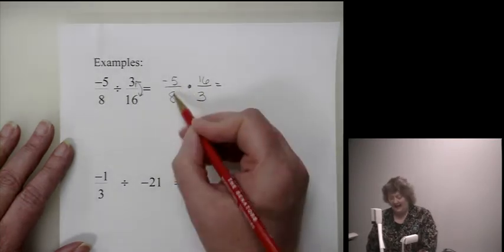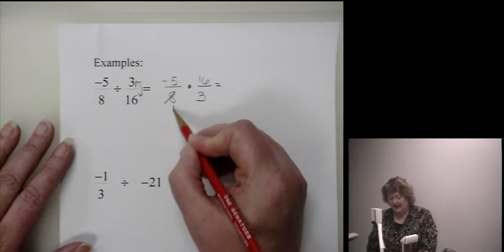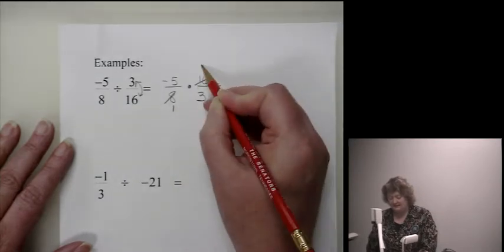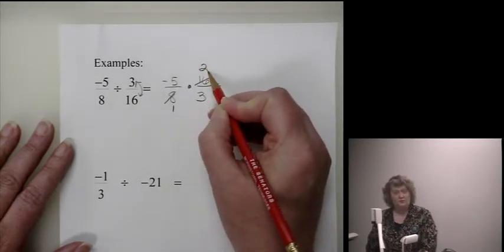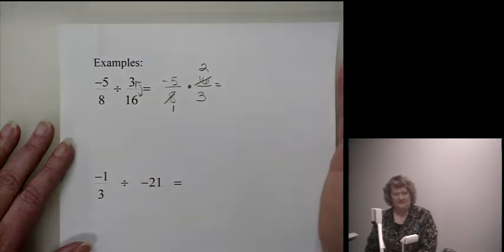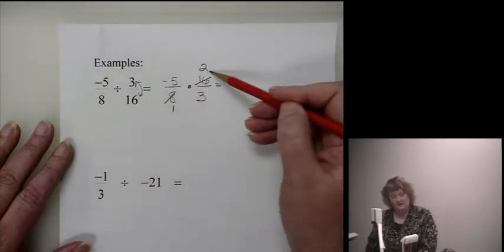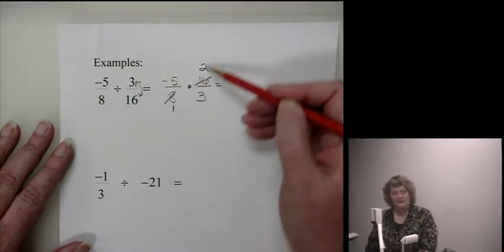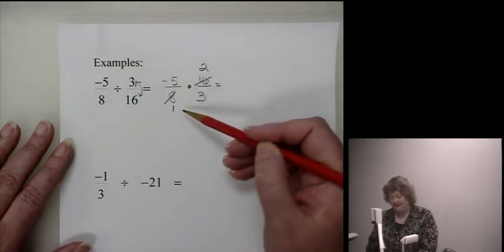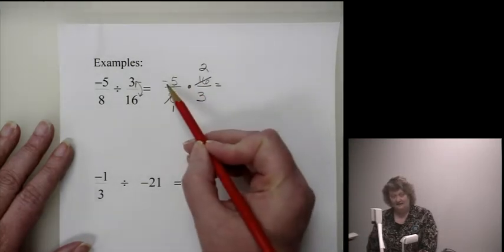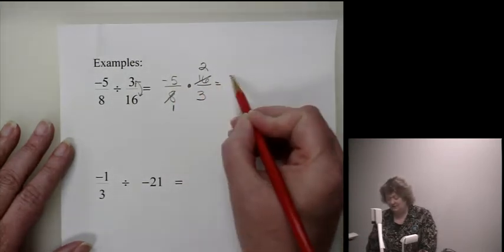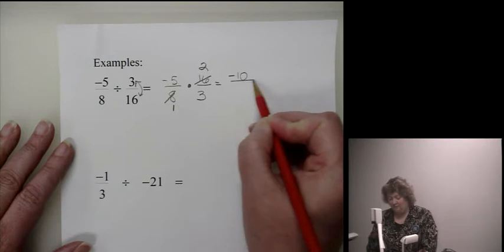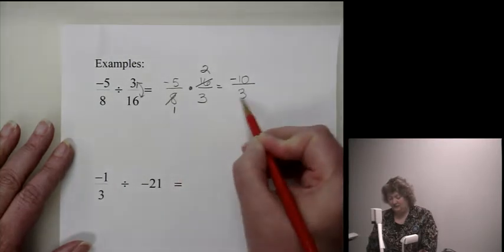But I see that 8 divides into itself 1 time and 8 divides into 16 2 times, which will reduce my fraction before I even multiply. And as long as one number's on the top and one number's on the bottom, I can divide both the top and the bottom by the same value. Then I have negative 5 times 2, which is negative 10, over 1 times 3, which is 3.